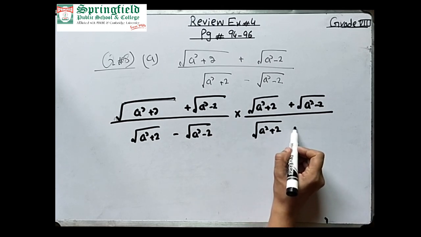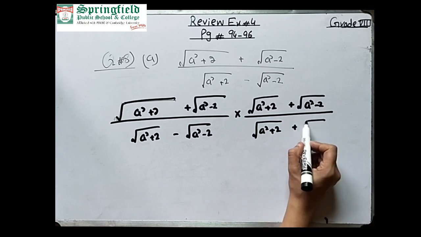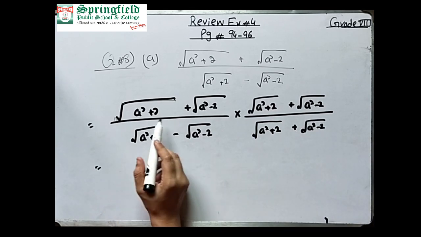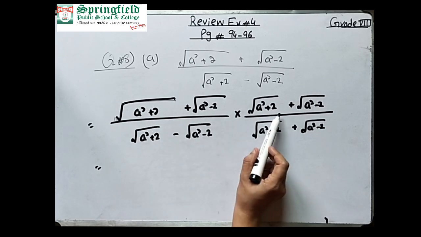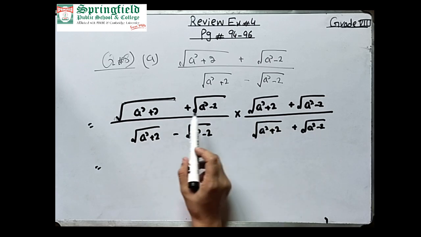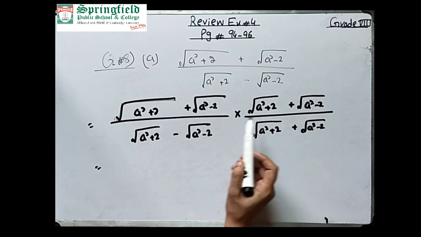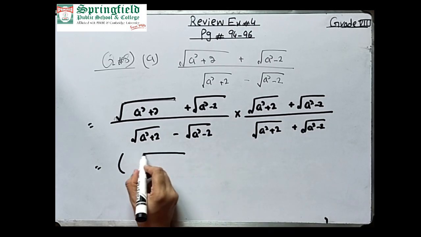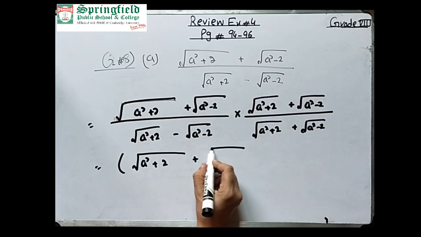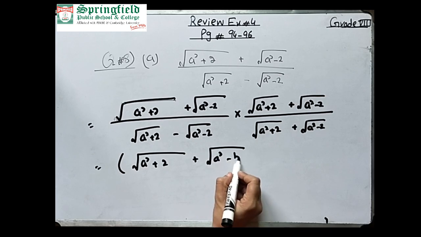So a square plus 2, and then plus a square minus 2. These both terms are the same, so we can write it in the square form: a square plus 2 plus a square minus 2.